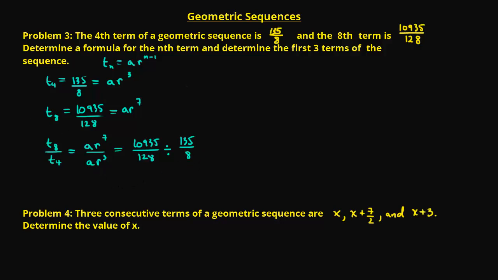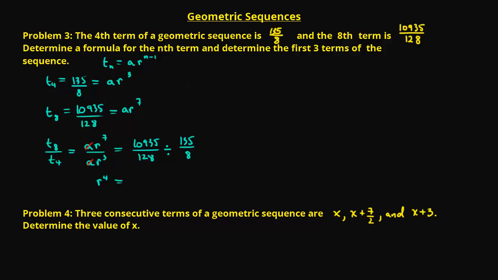Notice that when we divide the eighth term by the fourth term, the first terms divide out, and I have r to the power of 7 divided by r to the power of 3, which is just r to the power of 4, because when we divide powers of the same base, we subtract their exponents, and 7 minus 3 is 4. So we've divided out 3 factors of r.